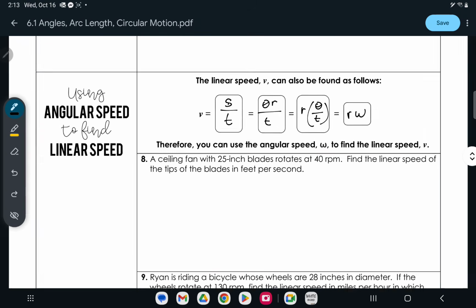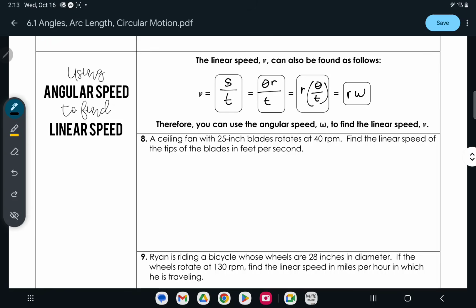All right. A ceiling fan with 25-inch blades rotates at 40 revolutions per minute. Find the linear speed of the tips of the blade in feet per second. So omega is going to be 2 pi times the 40 revolutions, so I get 80 pi radians per minute.